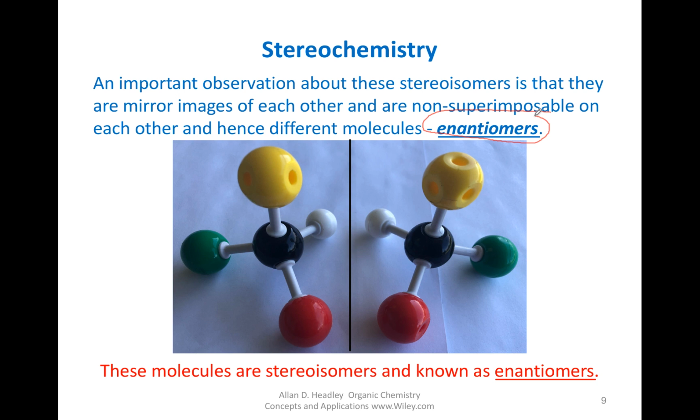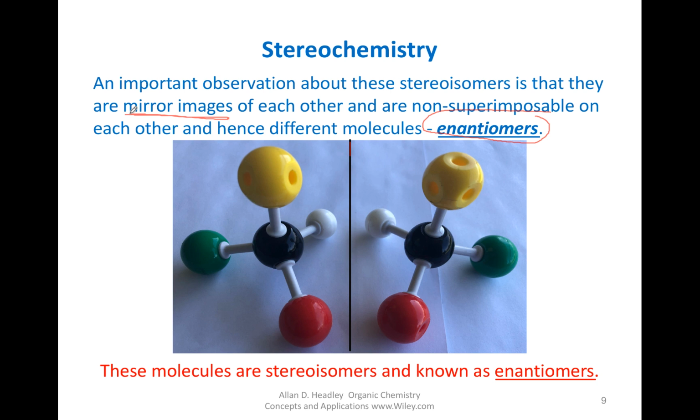Let's make another important observation here, and that is, here we are imagining a mirror. So here's a mirror going right down the middle of this. So this molecule here is being reflected on this molecule here. So they are in fact mirror images of each other.